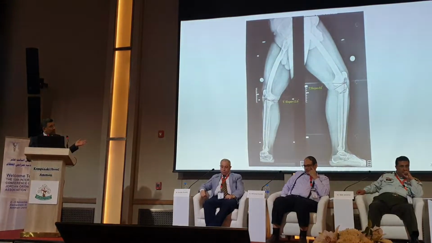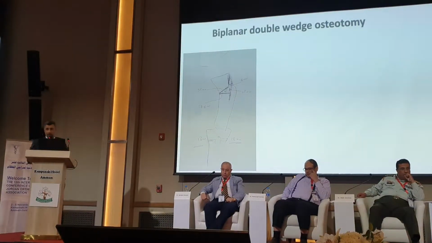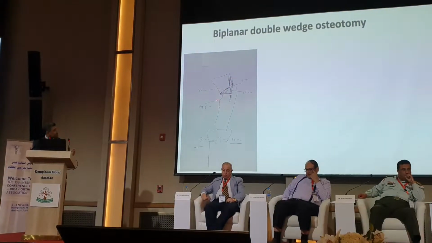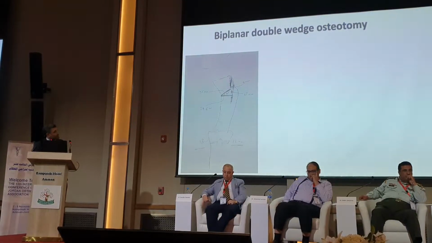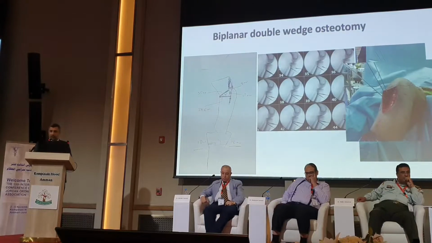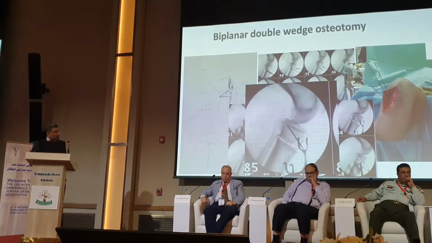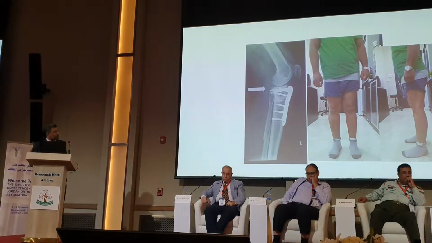So in this case, we plan the osteotomy, make simulation, make the measurements, and after that we draw it down. We decided to do a double wedge osteotomy to have one contact, and then after making a plan, you can go to surgery and do the operation. You see here how the slope is corrected.